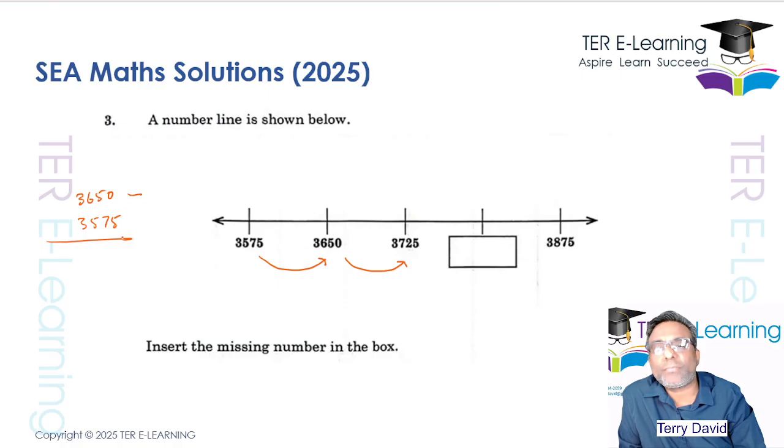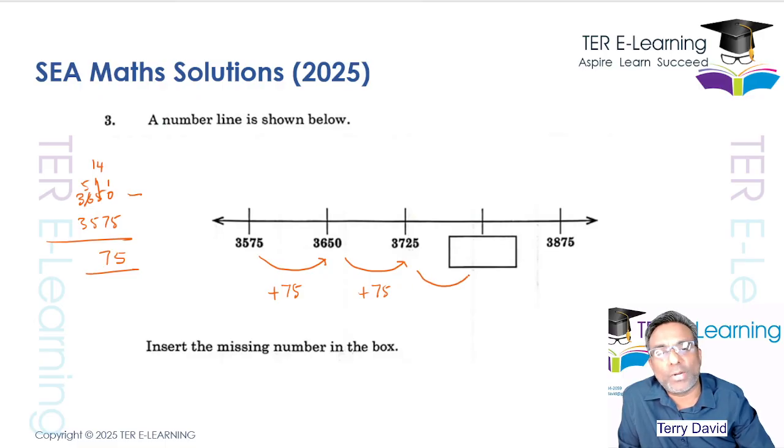Now, we're going to have to borrow from the 6 here. So this becomes 5 and this here is 15. We're going to have to borrow from this as well. So this is 14 and this here is 10. So 10 take away 5 is 5 and 14 take away 7 is 7. So therefore, what we are actually doing is adding 75 as we jump from one number to the next.